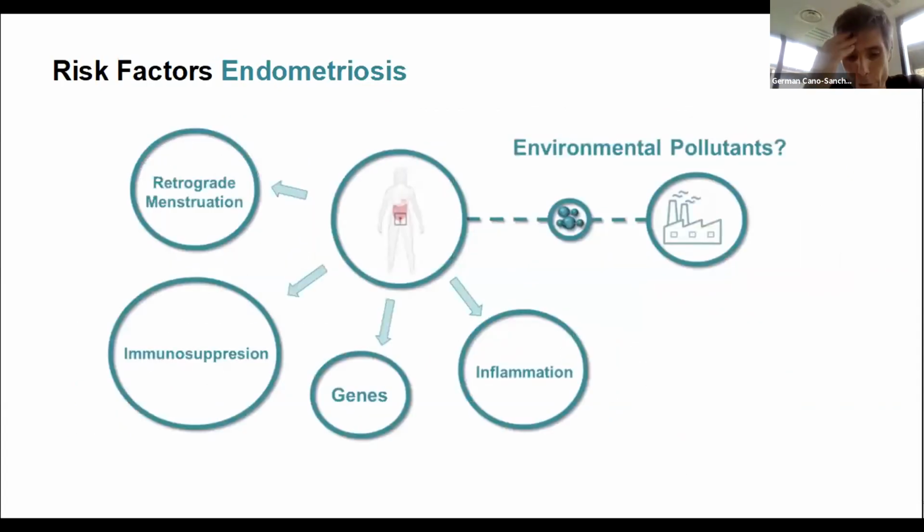Many factors have been associated with the mobility of cells, including retrograde menstruation, but other factors have also been associated with implantation of the endometrial lesions, including environmental pollutants.